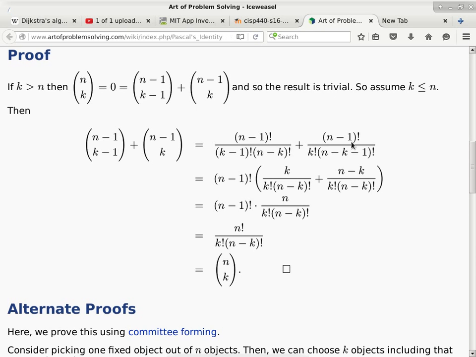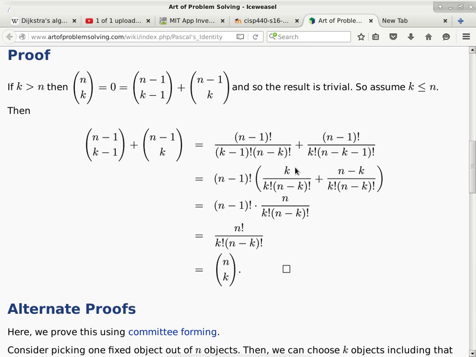The same thing happens to the other side. On this side, the original thing has a denominator of k factorial times n minus k minus 1 factorial. It becomes n minus k factorial because we just added one term. It's basically the same principle as what we have here. So are we okay with the second row at this point? It's just a technique.